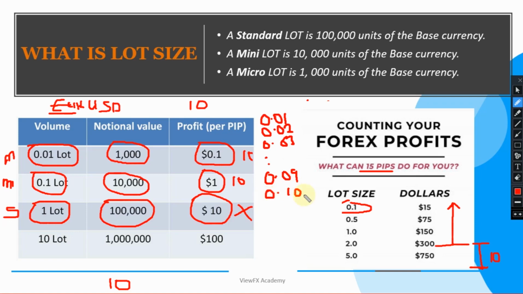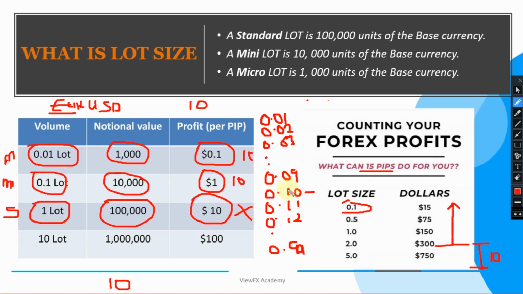That means you have now entered the mini lot size. You start from micro 0.01 to 0.09. Then when you get here, you enter the mini. Then the mini runs like this: 0.11, 0.12, till you get to 0.99.